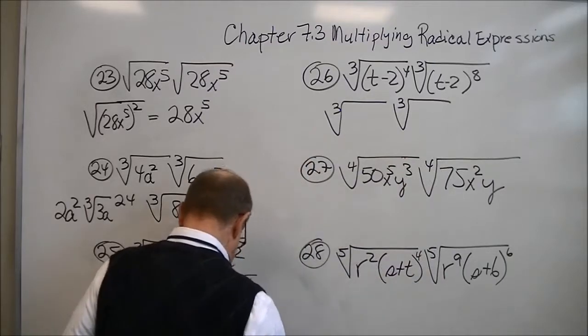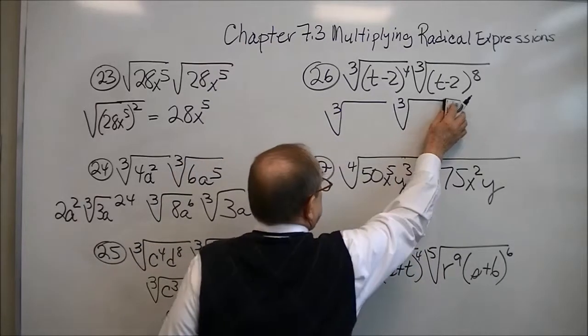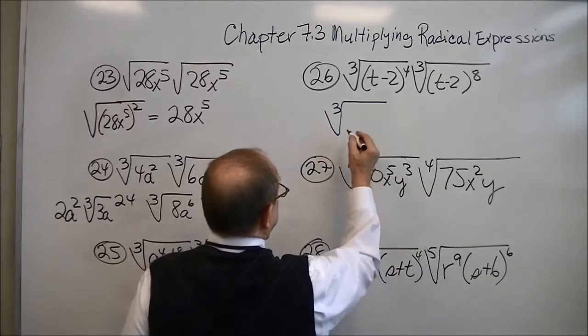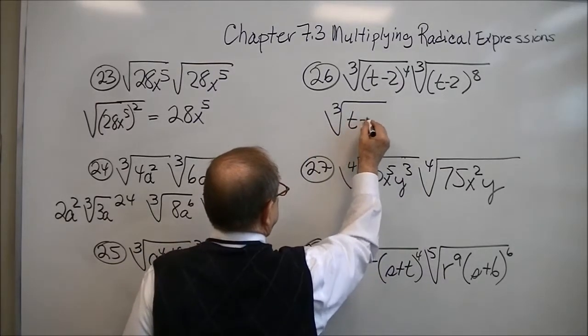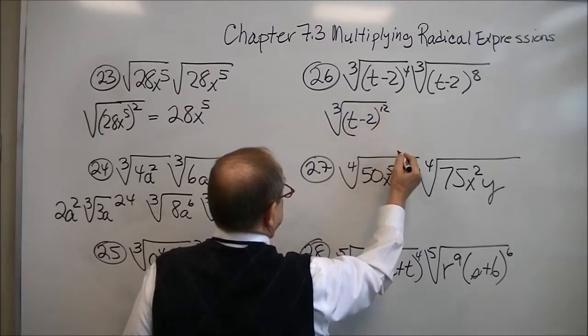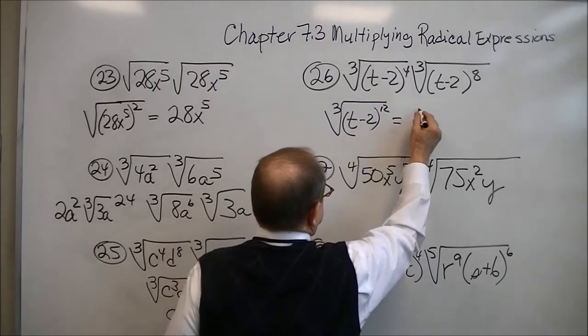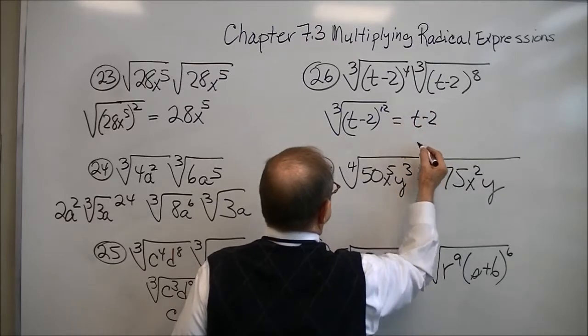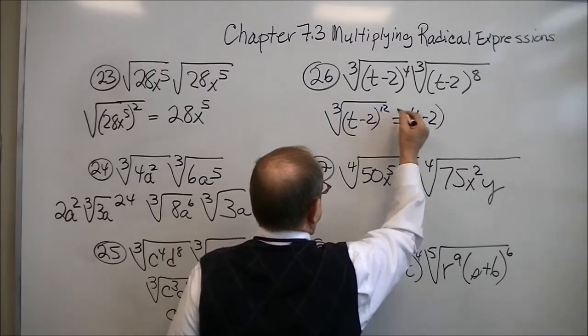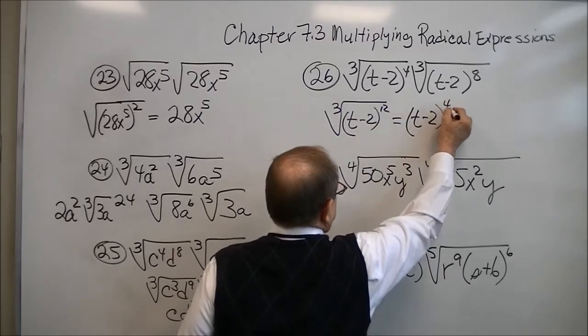Well, I don't need that other radical sign, because this is going to be t minus 2 to the 12th, which then becomes t minus 2 without the radical sign to the 4th.